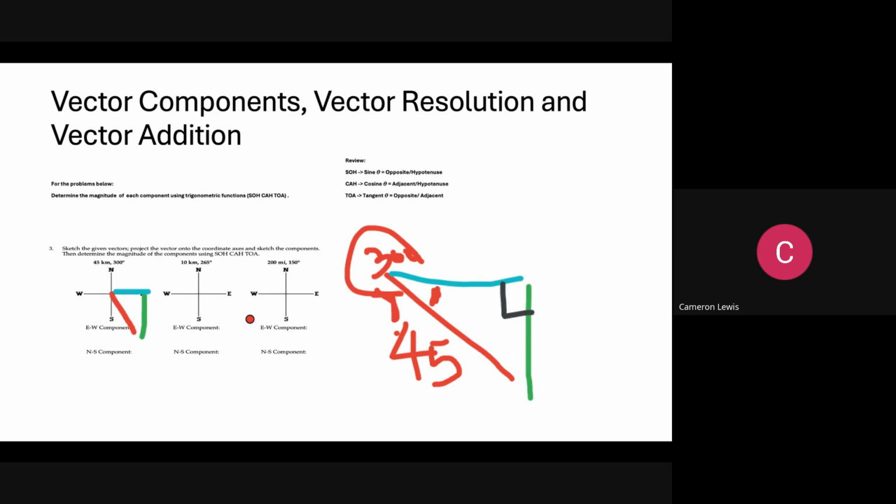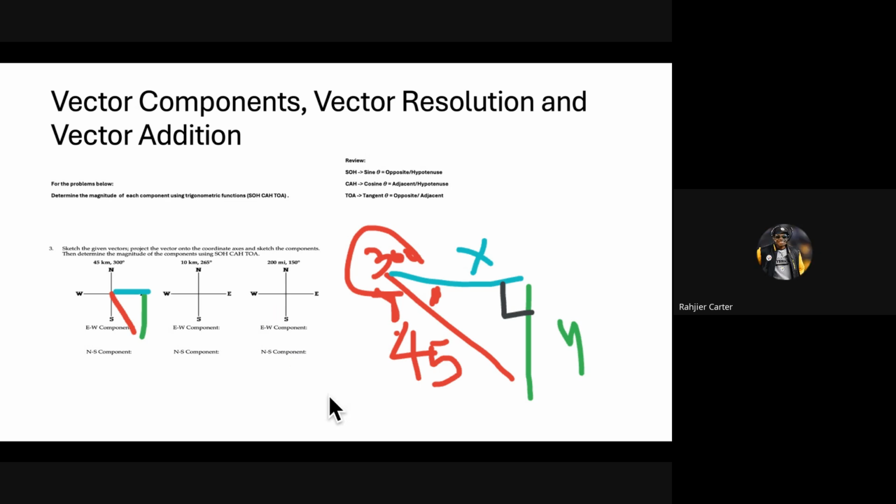So we have an angle here, we have an angle here. What are we trying to find? We're trying to find this X, and this Y. From this angle, that's in red, is this side right here my adjacent or my opposite?